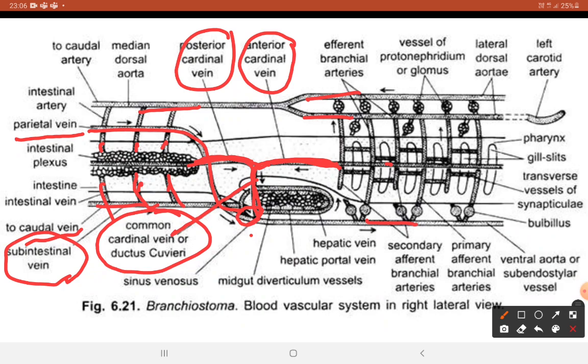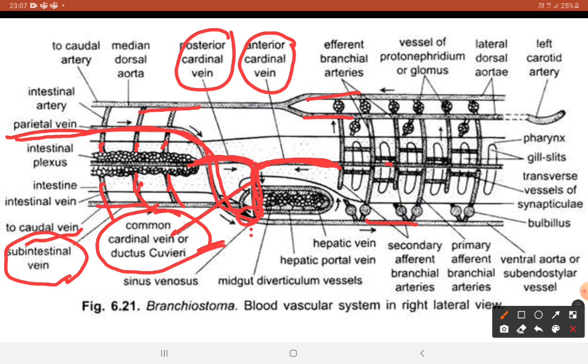And then the anterior and the posterior cardinal veins join together to form the common cardinal, and they pour the blood into the sinus venosus. And then from the dorsal body wall, the blood gets collected by the parietal veins, and they pour all the blood into the sinus venosus.